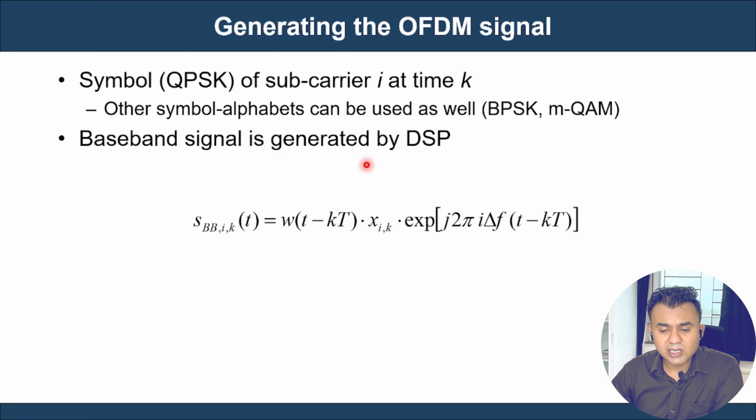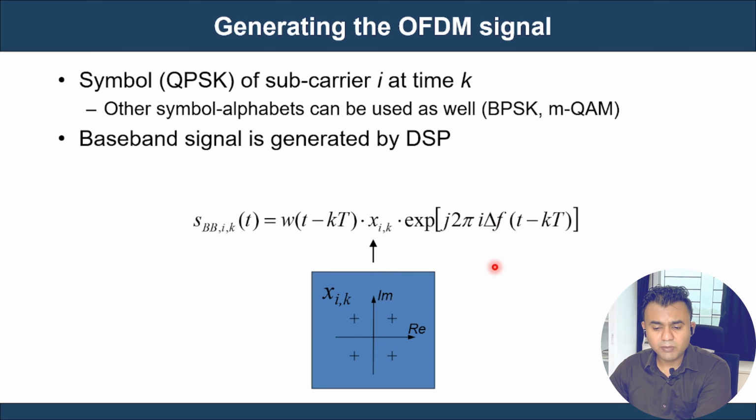The baseband signal is generated by DSP. Now when I multiply with w(t - kT), this is x_ik times the exponential, and this is my carrier which I am interested in. x_ik is nothing but a symbol.